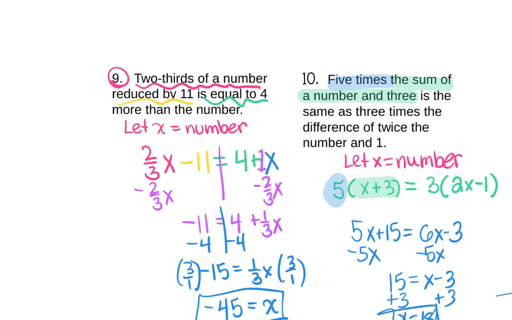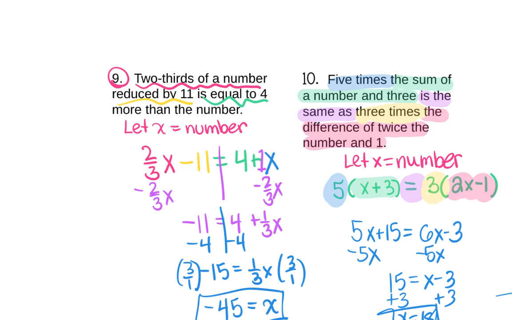Is the same as, this is my equal sign, and then we have 3 times the difference of twice the number and 1. So here's twice the number, the difference of that and 1 is right here, and then we have 3 times that. So here is our equation broken down.